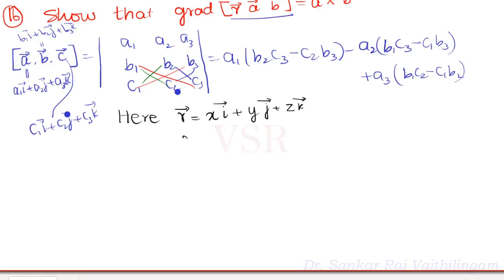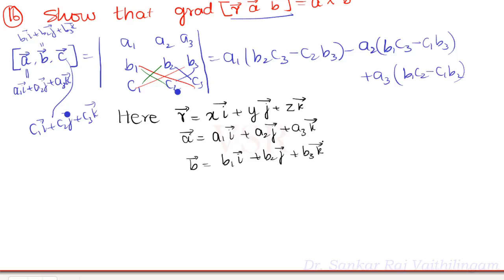A vector is A1 i vector plus A2 j vector plus A3 k vector, and b vector is B1 i vector plus B2 j vector plus B3 k vector.